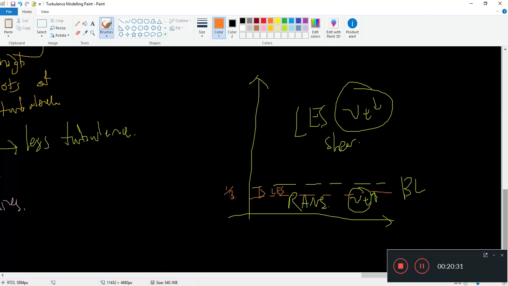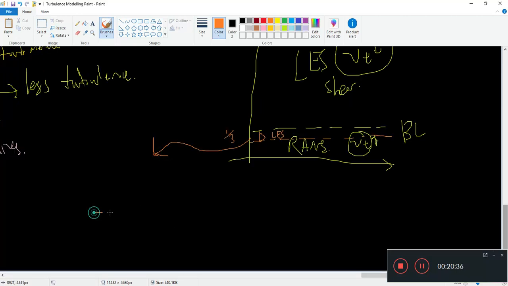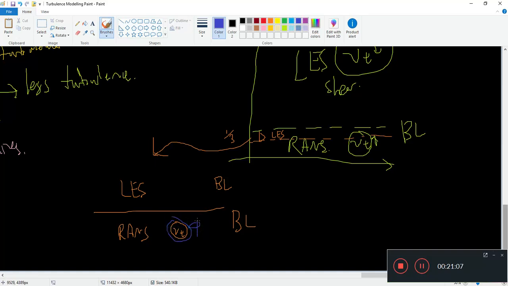Now, over here you have your RANS region, and you have a very steep velocity gradient there and a high nu t, and then this is the RANS boundary layer, the LES boundary layer. So this is the faulty version. What does a high nu t here do?